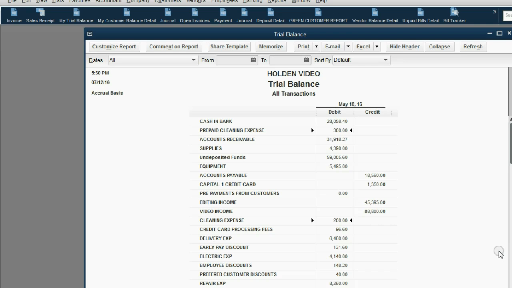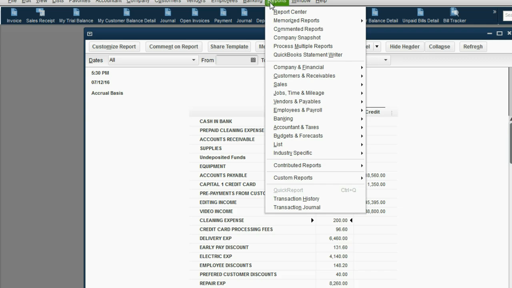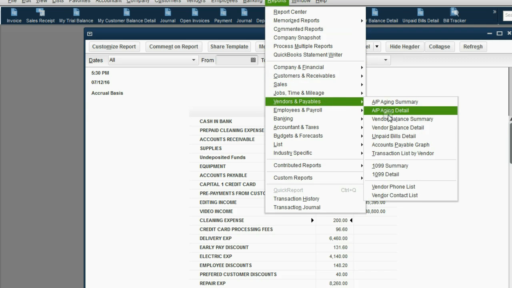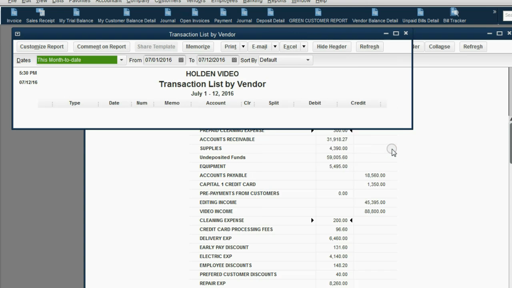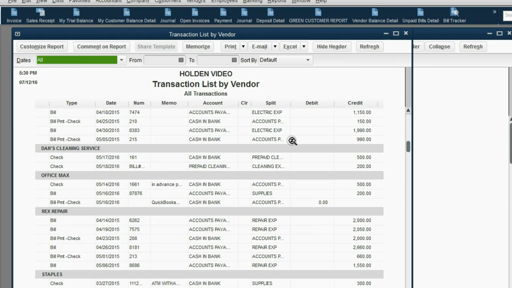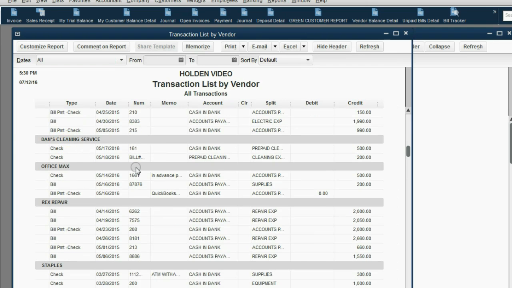Now, when we look at the vendor records, the proper report to show the vendor records properly when it comes to prepaid is transaction list by vendor. Now we push A for all, and we scroll down to Dan's Cleaning Service.